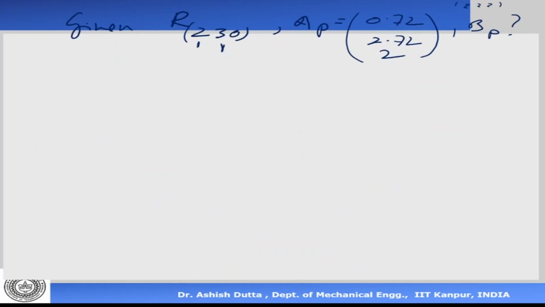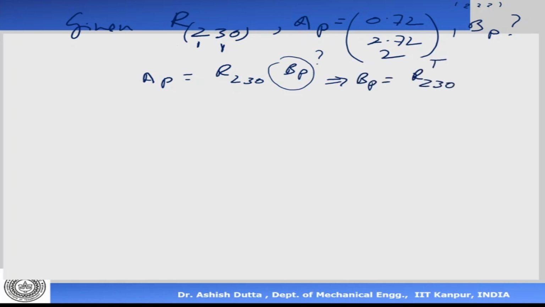Okay, so how do we do that? AP is equal to R_Z30 into BP. Now I want to find BP, which implies BP is equal to R_Z30 inverse, which is the transpose, into AP, and AP is given here. So if I look at the inverse of the previous matrix, BP is equal to R transpose.